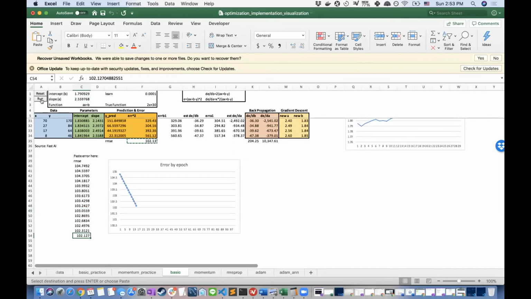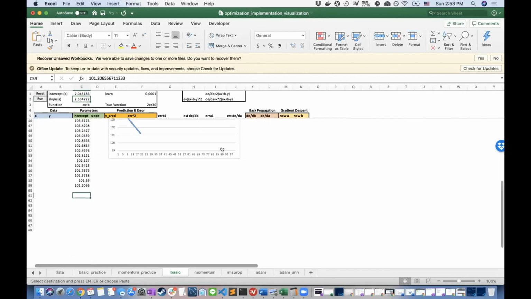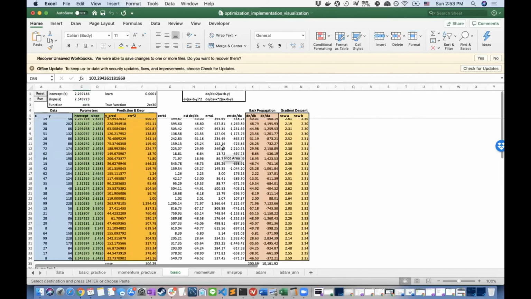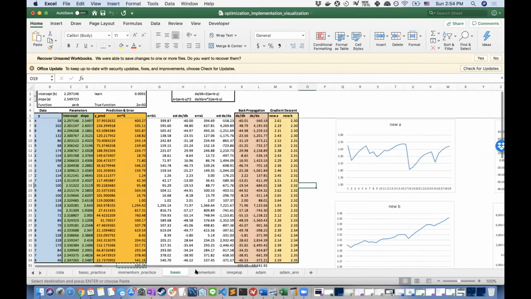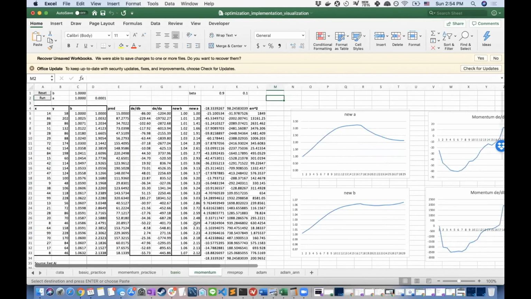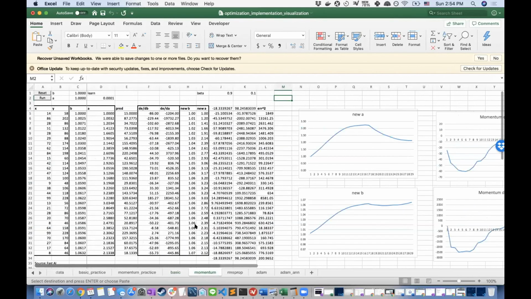Okay, slowly creeping up, but RMSE is dropping very slowly, okay? And this is why we're not just using gradient descent. People came up with momentum, RMSProp and Adam, which help the algorithm converge faster.